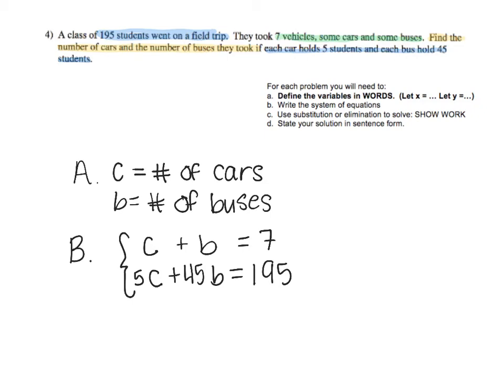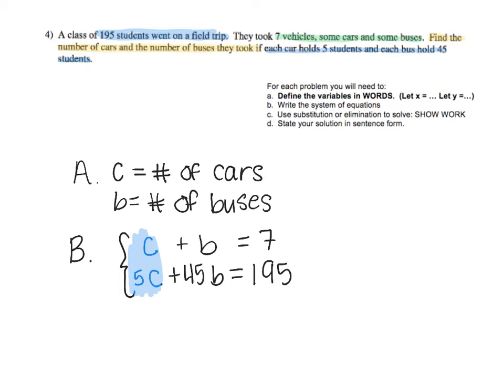Now I use substitution or elimination to solve. I'm going to use elimination on this problem. And to do that, I am going to multiply the first equation by -5 because I want to cancel out the C's in this equation. So this is what I'm highlighting. I want to cancel those out.